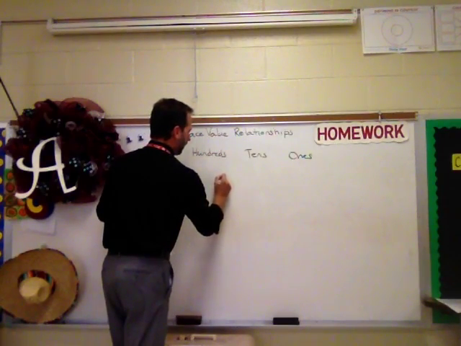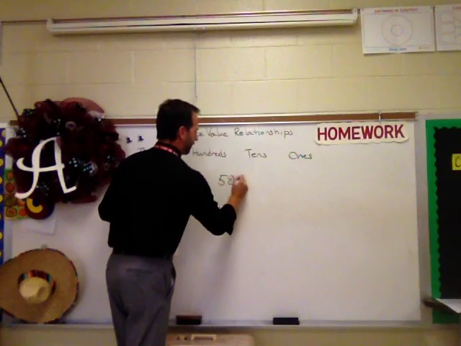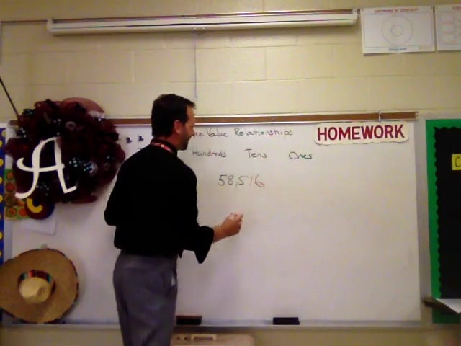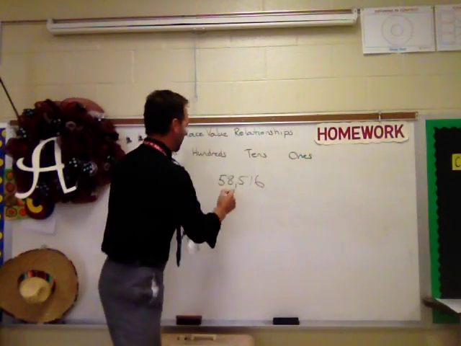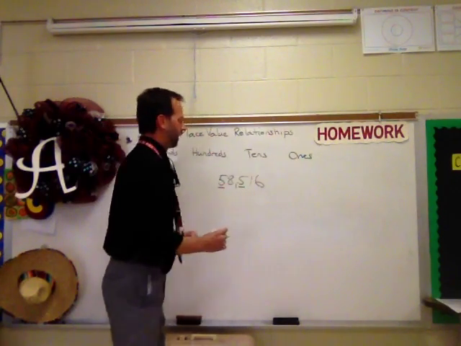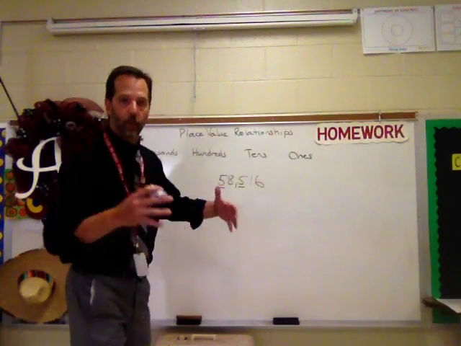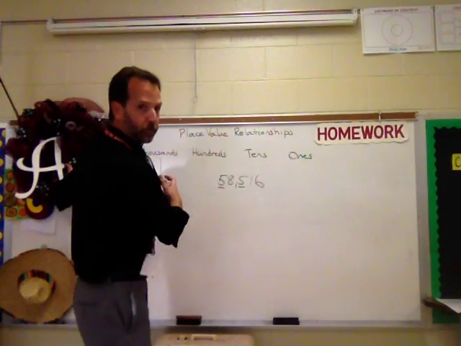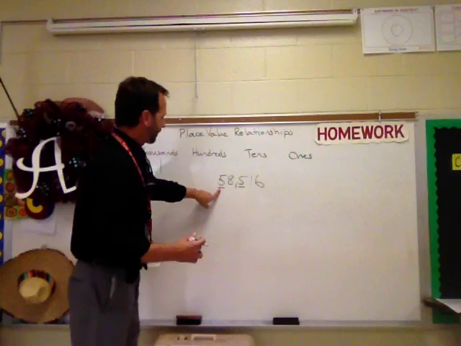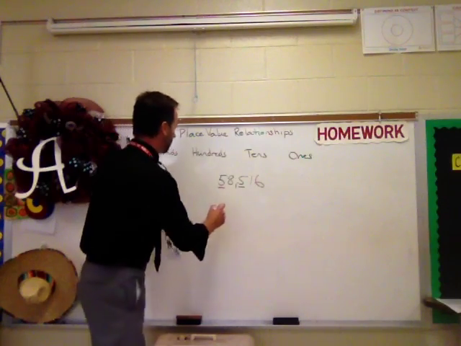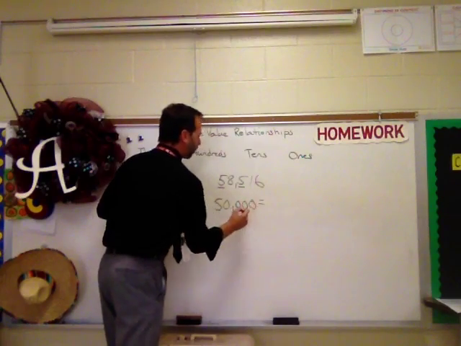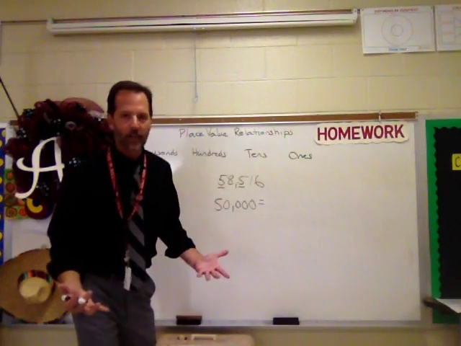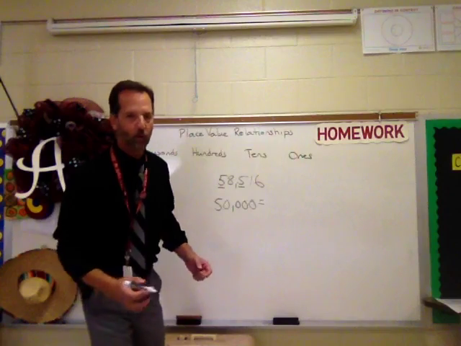Let's do 58,516. What digits are the same? The two 5s are the same. So now I want to write the value of the largest number, the one that's in the furthest place to the left. This 5 has a value of 50,000. So 50,000 is going to be equal to, now, we want to see how many times greater this 5 is than that one.